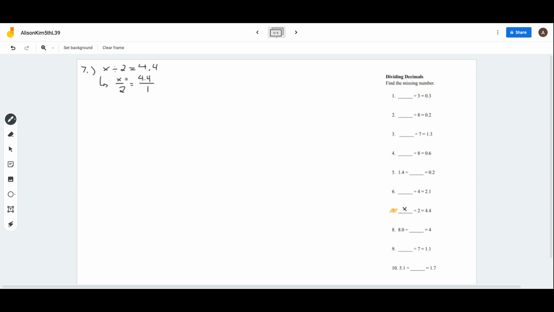Now I'm going to have to solve for the x, and the only way to do that is by cross multiplication. So I'm going to multiply 2 by 4.4, and I'm going to multiply x by 1. Already we know that x times 1 will just give us x, and 4.4 times 2, we have to multiply, which is 8, and then I'm going to bring down the decimal point, and 2 times 4 is 8, so x should give us 8.8.